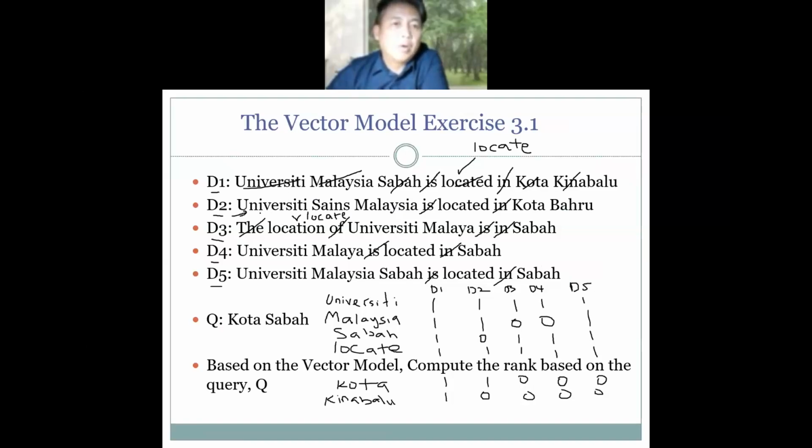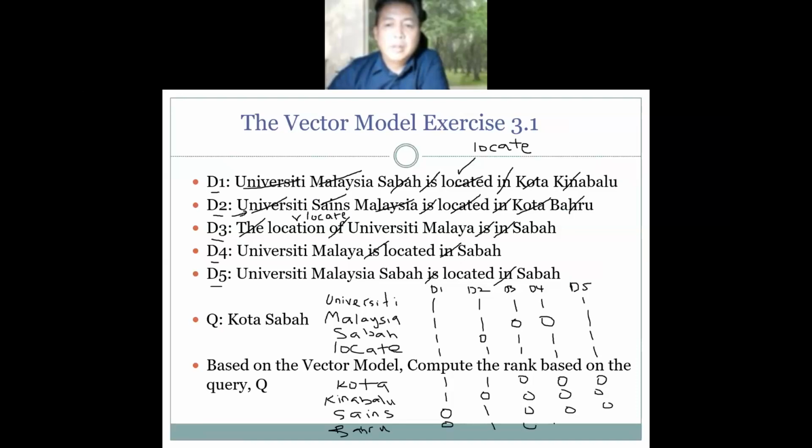So we start with this one. We already counted this one also, this one also, this one also. So the unique one is science. So science exists in the second document, but not in the rest of the document. Okay. Baru. So we have Baru.